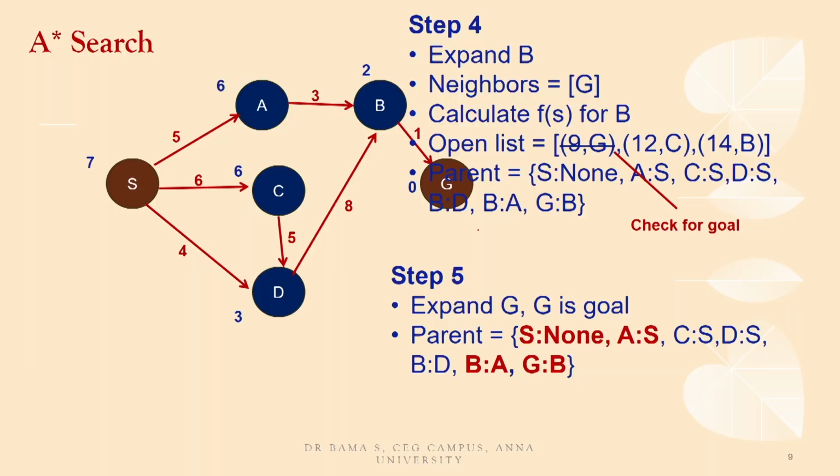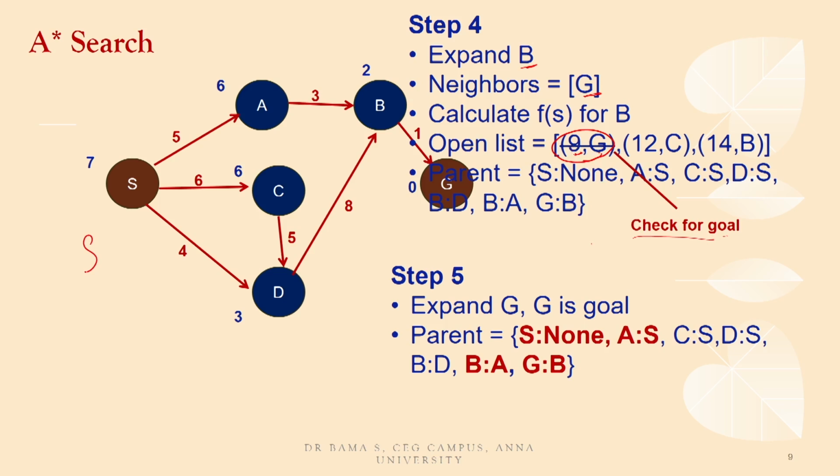In the next step, we already saw in step 4 that if we expand B, the neighbor is G with the minimal cost as 9 comma G, where 9 is the f of G value, and since this is minimal, it is going to be popped out, and when it gets popped out it checks for goal.